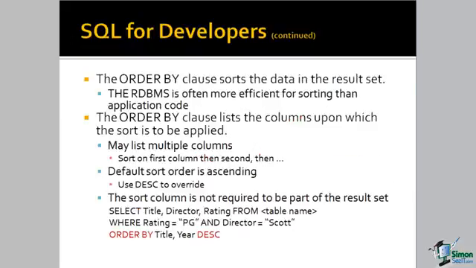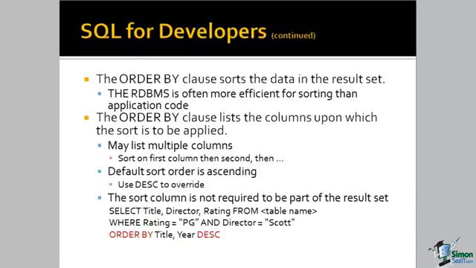Once we've focused our select statement and have our result set defined that's going to be returned to us by the database server, we can then instruct the database server to sort that data for us based on some column value or even multiple column values.